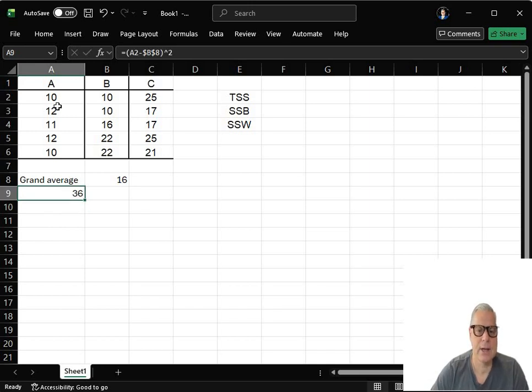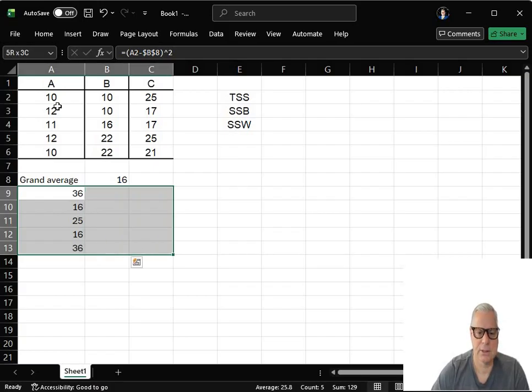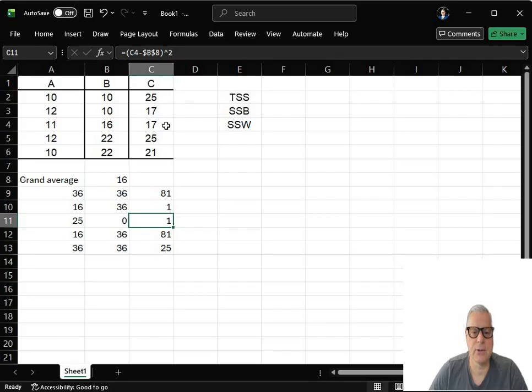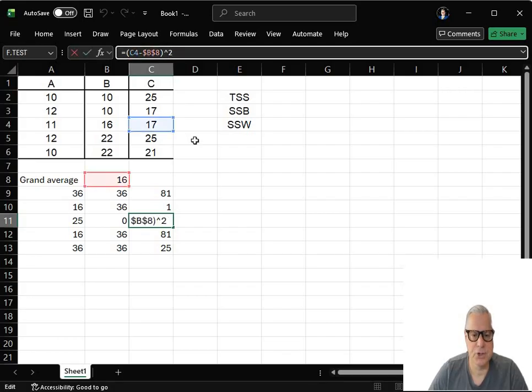And now I just can copy down the formula 4 times, and then I copy it to the right. Control R copies to the right, Control D copies down. And now we have always calculated, from each observation in our table with the original data, the squared difference from the overall mean.